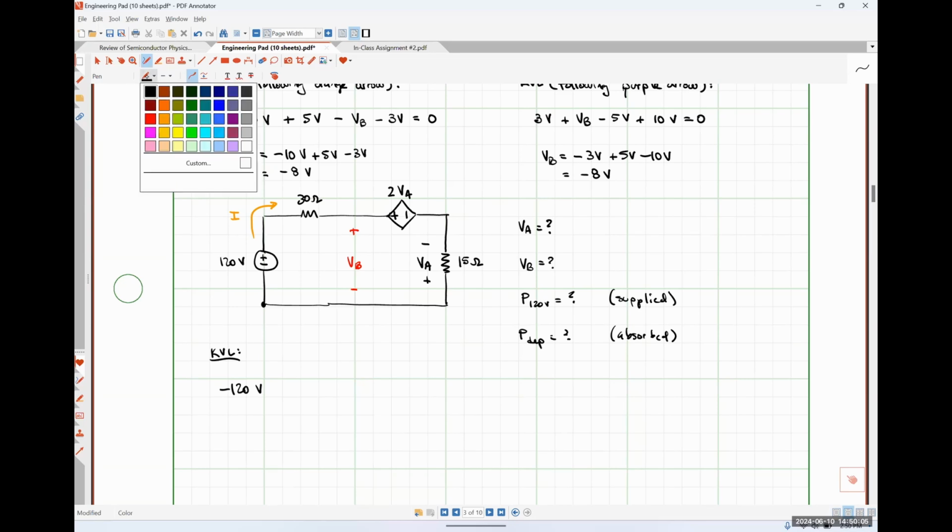So I'm going to call it, for lack of a better word, V30. I would like for you guys to choose whether I'm going to put the positive polarity terminal on the left or the positive polarity terminal on the right.